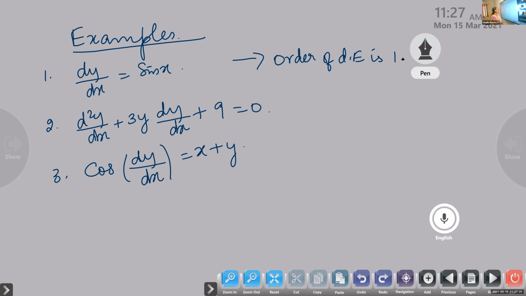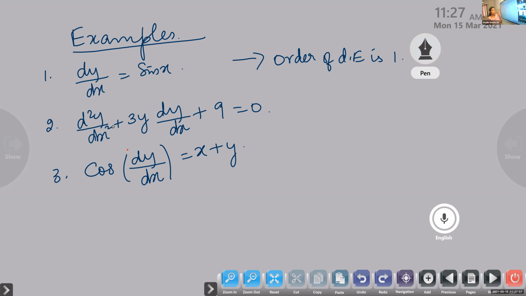Okay, look at the next one. d square y by dx square plus 3 dy by dx plus 9 is equal to 0. What is the highest order derivative present in this equation? d square y by dx square.